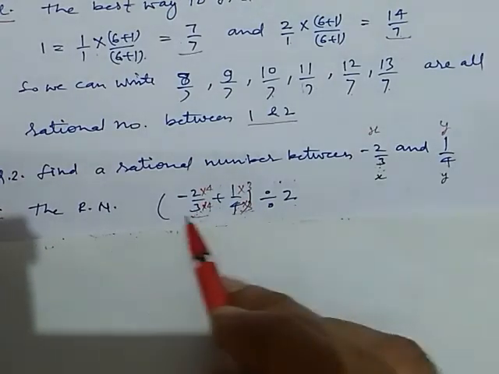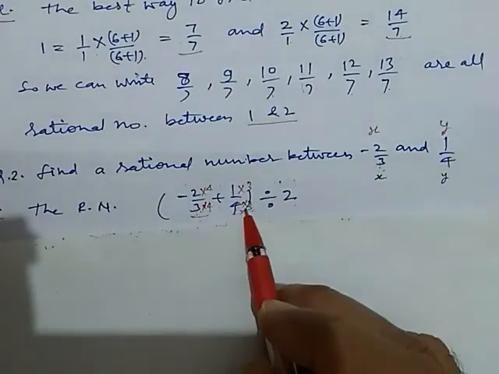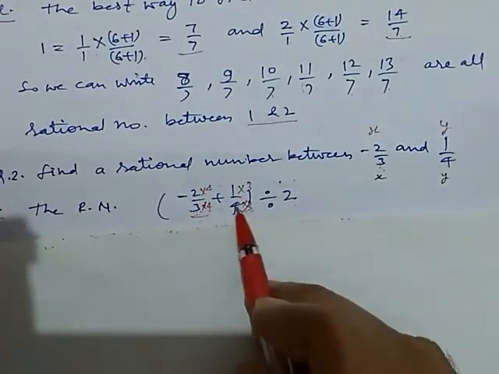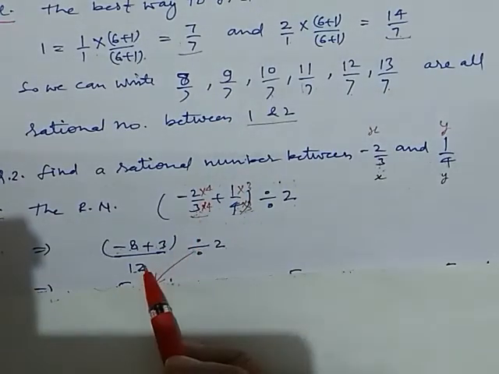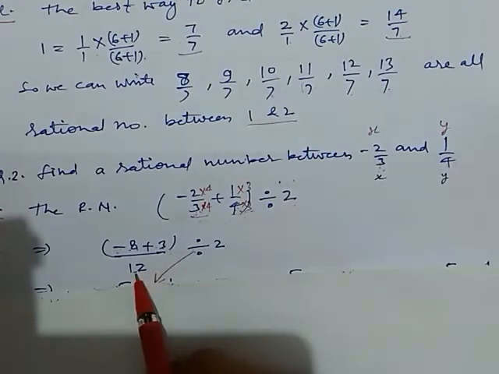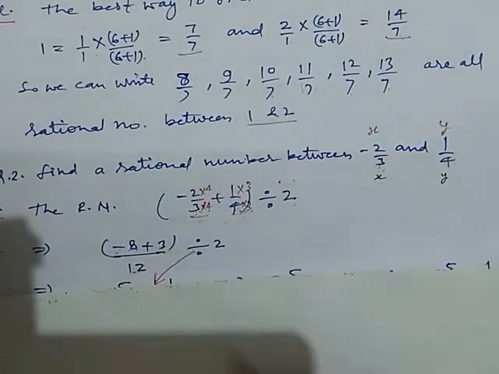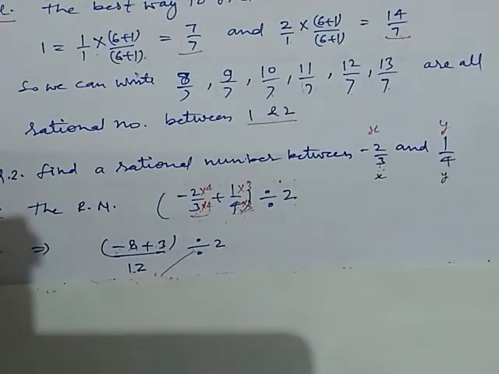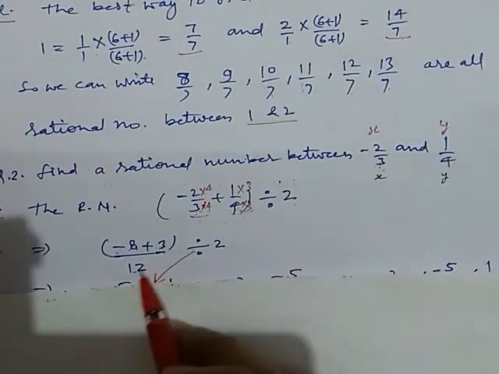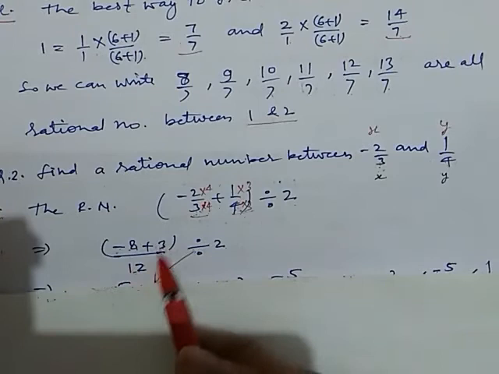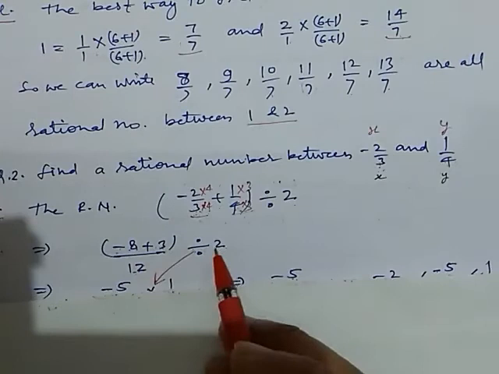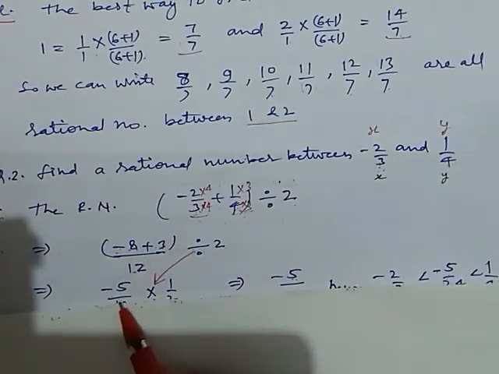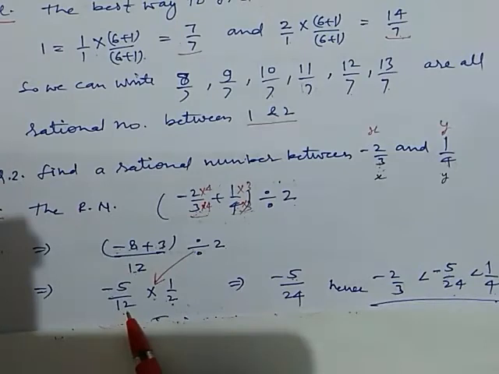This way they become like fractions, so the LCM is their denominator. This way we get the LCM 12. Now here minus 8, here plus 3, so minus 8 plus 3 is the result, and we add according to sign. Minus 8 plus 3 is minus 5, divided by 12, and then divide by 2.